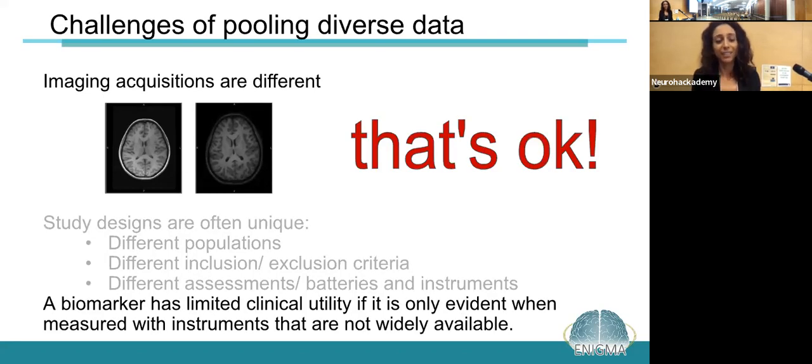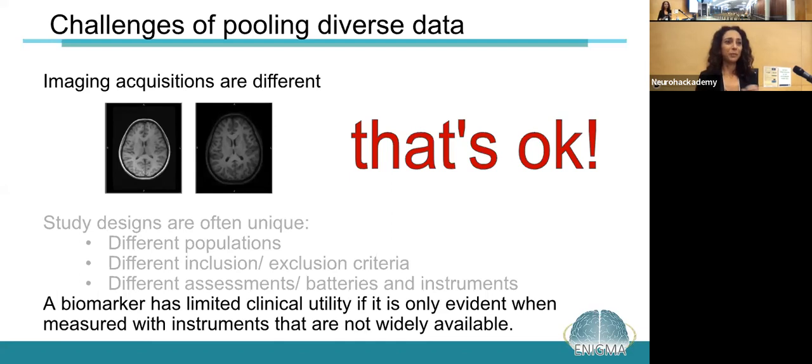And to some extent, that's actually kind of okay. So again, harping on that generalizability theme, in the case of finding a good biomarker, it will have fairly limited utility if that biomarker can only be extracted from, let's say, the HCP scanner with the HCP protocol.